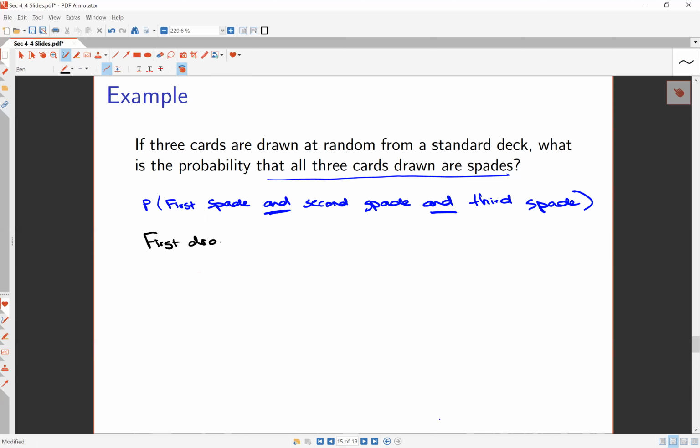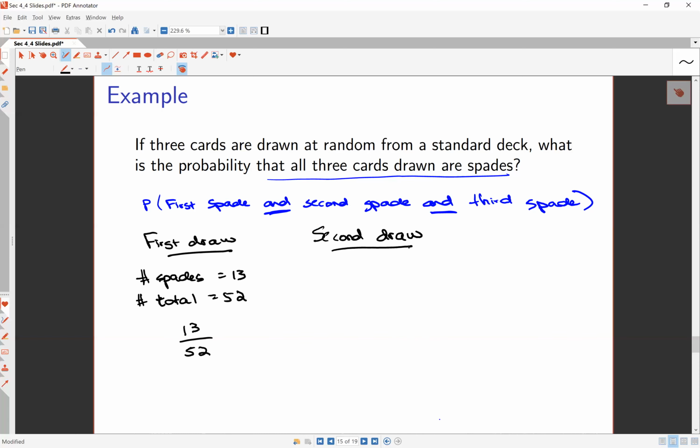So let's look at those in sequence. When I draw my first card, there are how many spades in total? 13. And there are a total of 52 cards. So the probability in this case is 13 over 52. Now I go to my second draw, and I have to carry the conditioning forward, right?